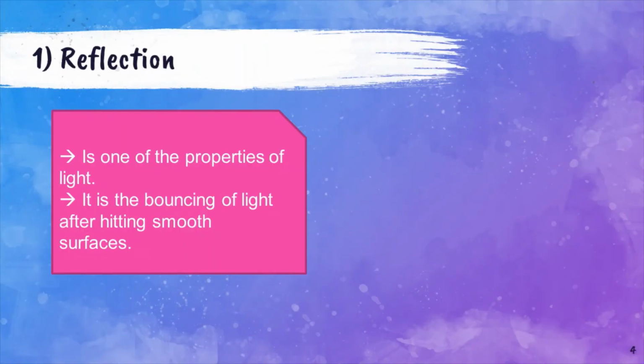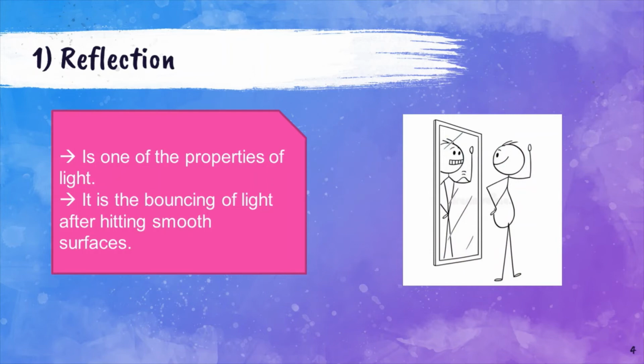Reflection is one of the properties of light. It is the bouncing of light after hitting smooth surfaces. For example, when we look at a mirror, we see our own image because the mirror reflects the image back. But when we see ourselves reflected in the mirror and wink our left eye, the image apparently winks the right eye.